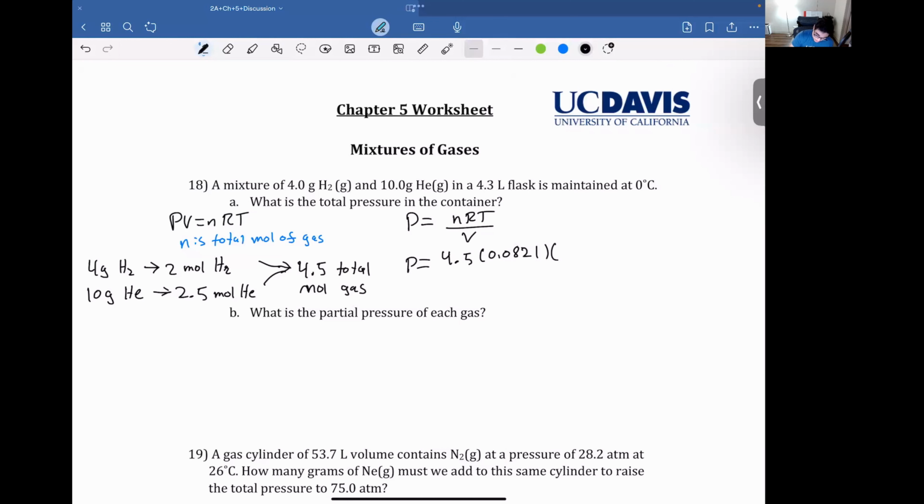And then T is 273.15 at 0 degrees Celsius. And then the volume is 4.3 liters. And you plug this all in, and we get 23.47 atm. And that's it.